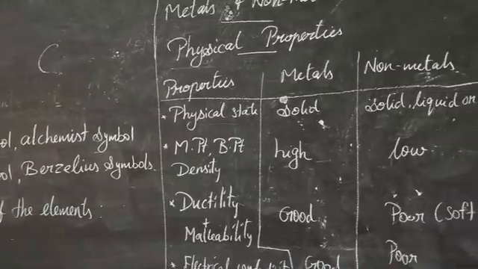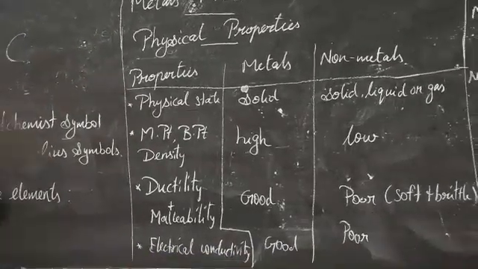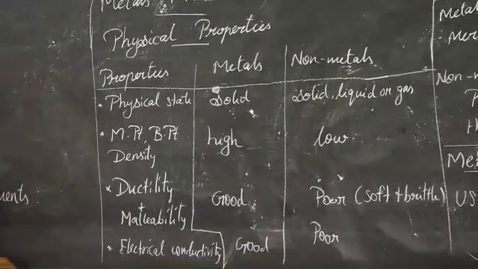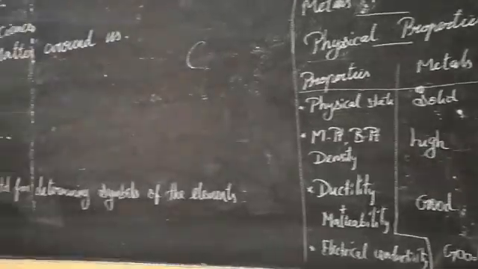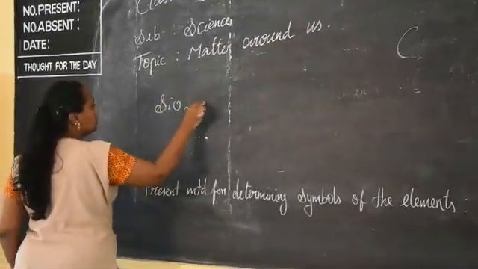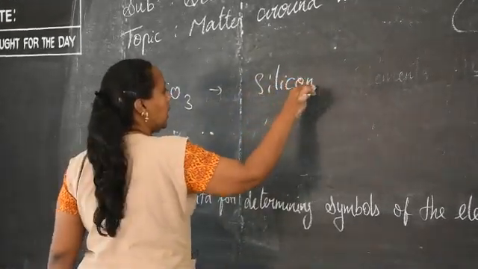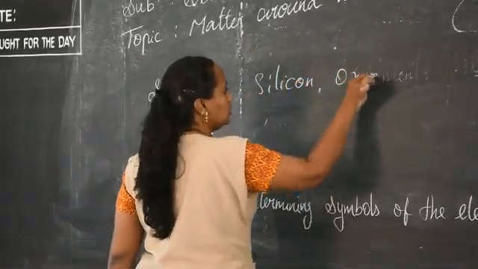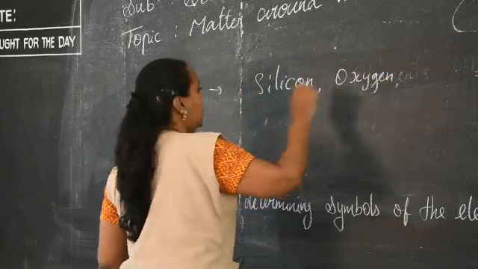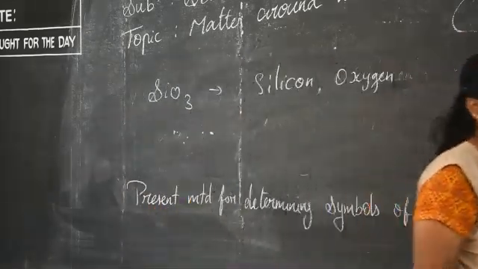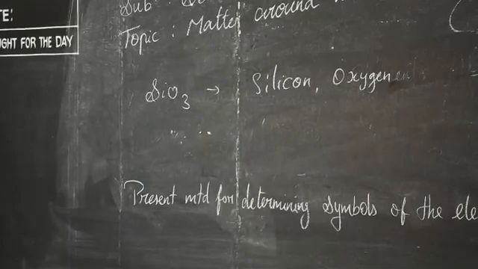Silica is nothing but made up of silicon and oxygen. SiO3 is the chemical formula for silica.